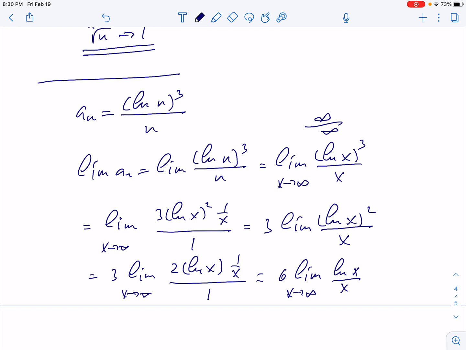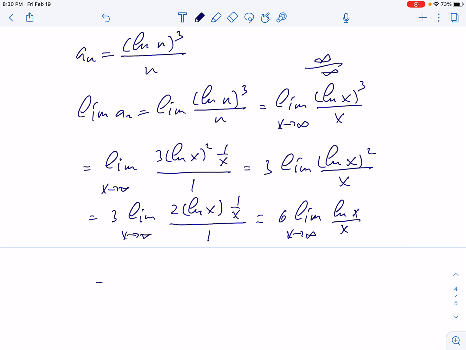When we differentiate one more time, this will be the limit of just 1 over x over 1, sorry. Actually, we did this above already. As x grows to infinity, this is 6 times the limit of 1 over x, as x grows to infinity, which is 0. 6 times 0 is 0.